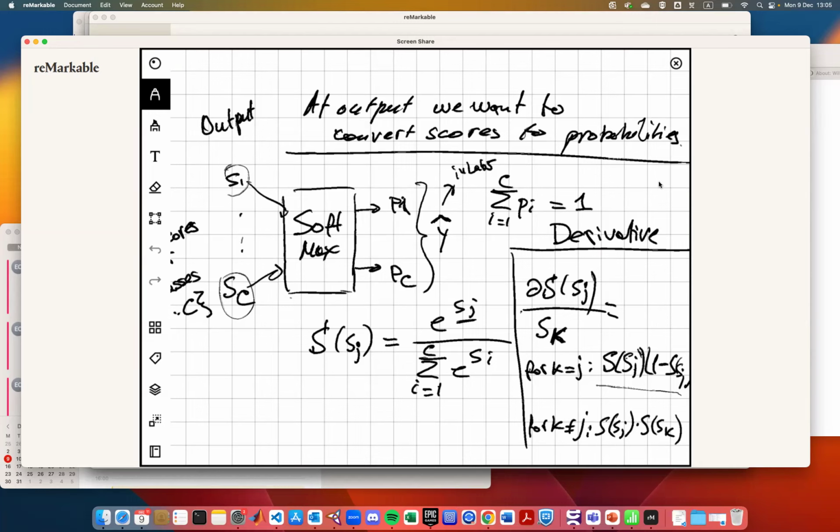And in this class, I want to complete the proof of the derivative of the cross entropy function with respect to the last two layers of the neural network. And this is related to what you will see in the implementation in lab 5 then.